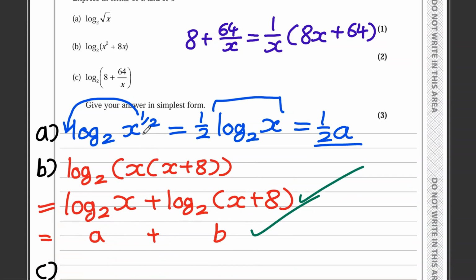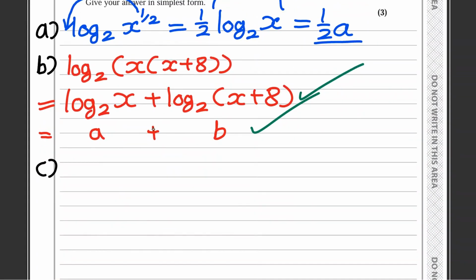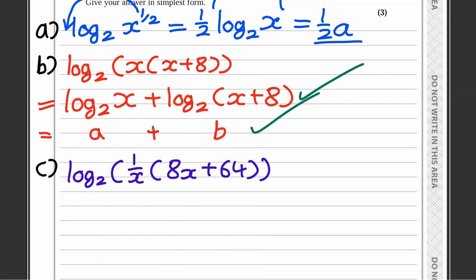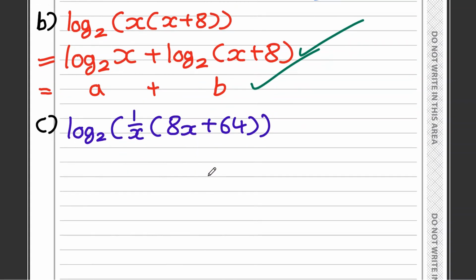So therefore we can rewrite this log here as log base 2 of 1 over x multiplied by 8x plus 64. Okay, now remember your laws of logs as we talked about. If you have two things inside a log multiplied together, like 1 over x and 8x plus 64, you can split up these logs by adding them.